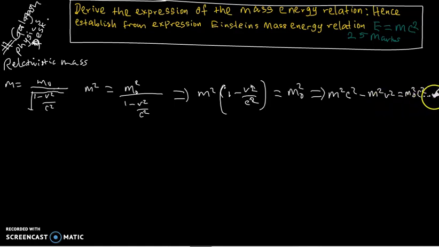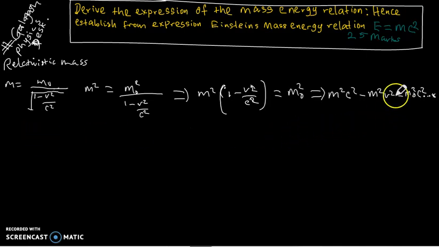I call it equation star so that it will help us to keep track as we move along in this derivation. So now we need to differentiate this equation star. By calling it equation star, it helps us to keep track of that.